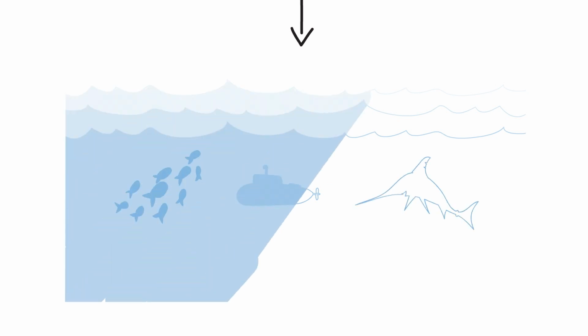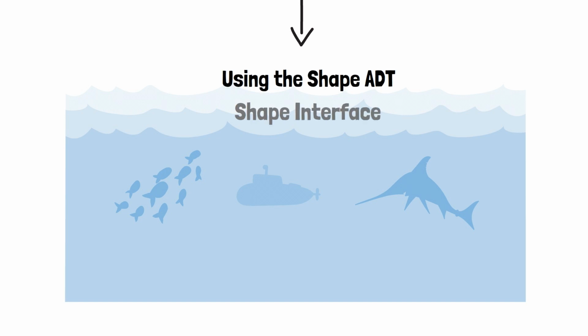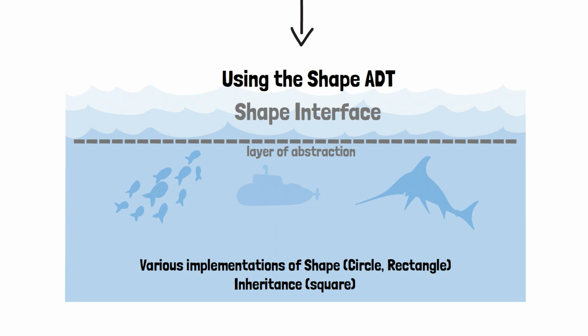This is the same kind of thinking that we saw with abstract data types, and this applies to interfaces as well. By creating an interface and various implementations for it, we have set up the behaviors for our defined abstract data type. In this case, you saw that with the circle, rectangle, and shape example.